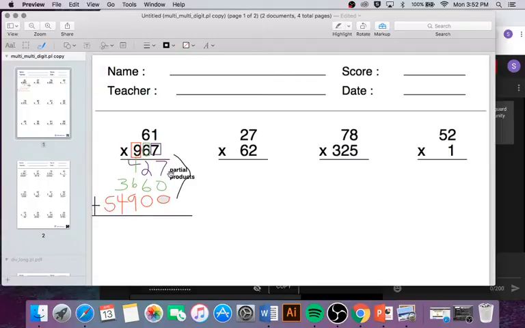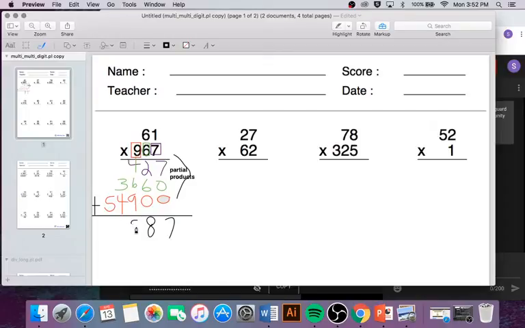Okay. So we have 7 plus 0, which is 7, plus 0 is 7. 2 plus 6 is 8, plus 0 is 8. 4 plus 6 is 10, plus 9 is 19.